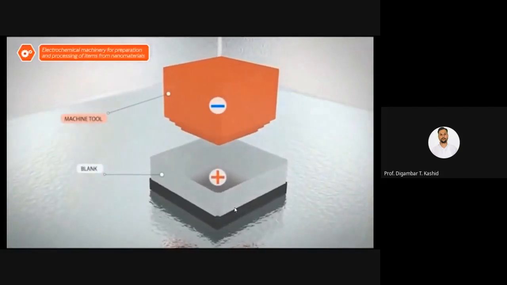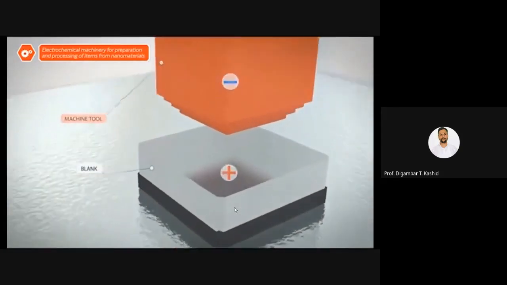This is a video related to how chemical machining works.